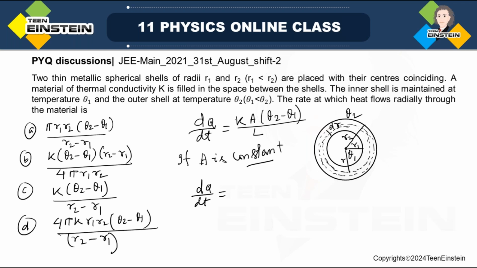So for this particular elementary cell, this k is constant anyway throughout. Area will be 4 pi small r square, and temperature gradient, let me write for the time being, d theta by dr. Dr is the thickness, right?